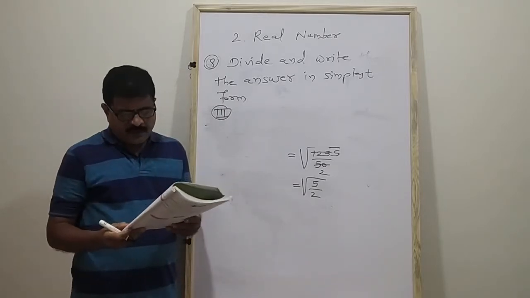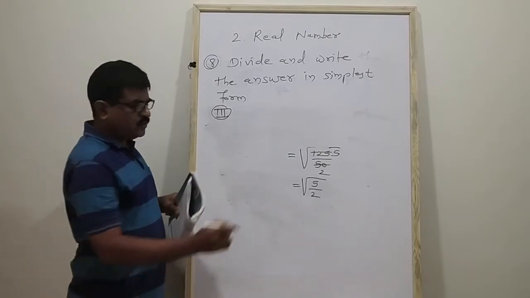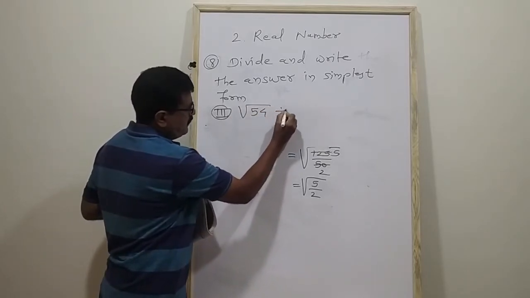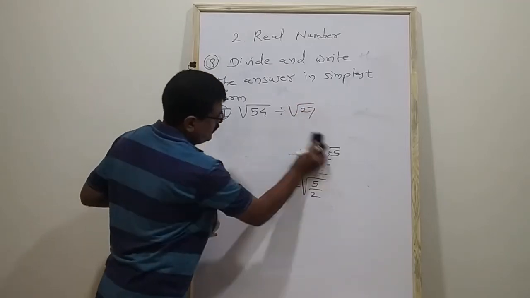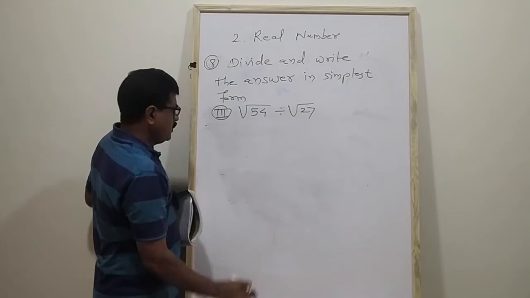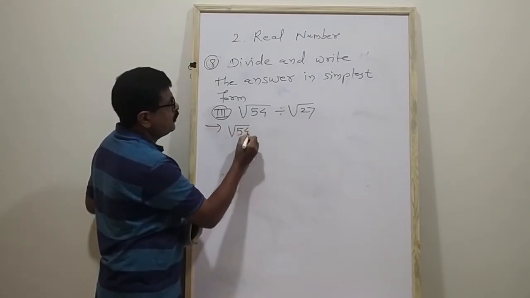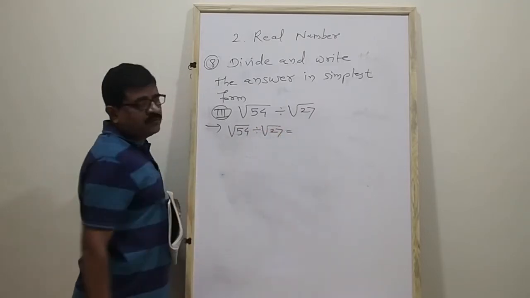Number 3. Square root 54 divided by square root 27. Now square root of 54 divided by square root 27 is equal to.